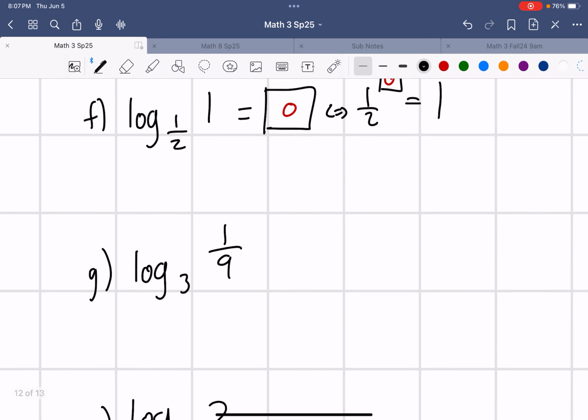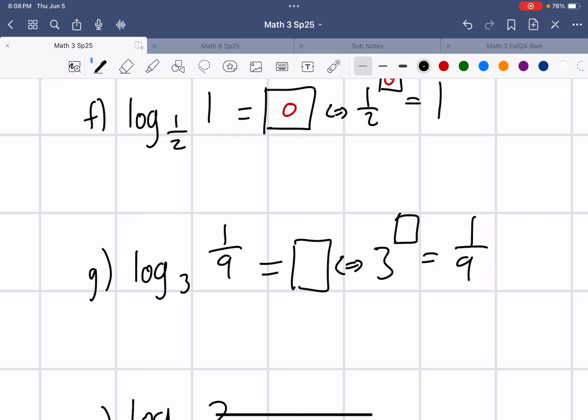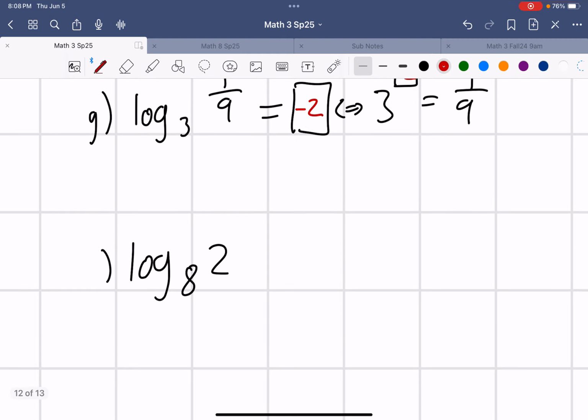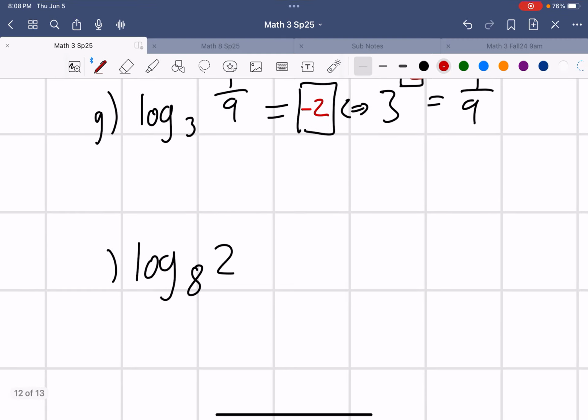And then 3 to some power. We have to make it smaller. Once again, I know how to make 3 into a 9. That's just squaring it. But what makes it a fraction is the negative. And then here we go.